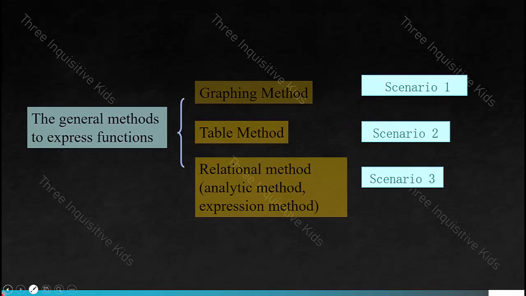The second one, which was with the cylinders, we used the table method so we can find the pattern. And for the third one, yes, we also did use a table, but we mostly looked at that expression, that relationship that was given in the problem. So these three ways are all methods to express functions.